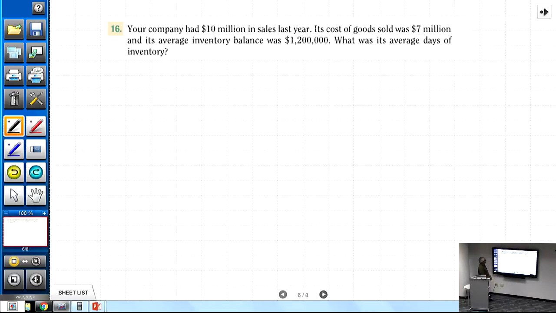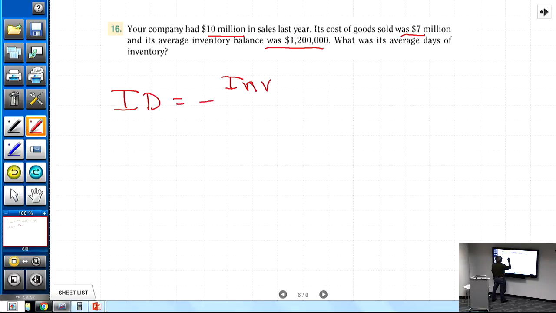Question number 16. This is about inventory days. Again, something we have seen before. You have sales, you have cost of goods sold, and you have inventory. So inventory days would be inventory over cost of goods sold over 365.